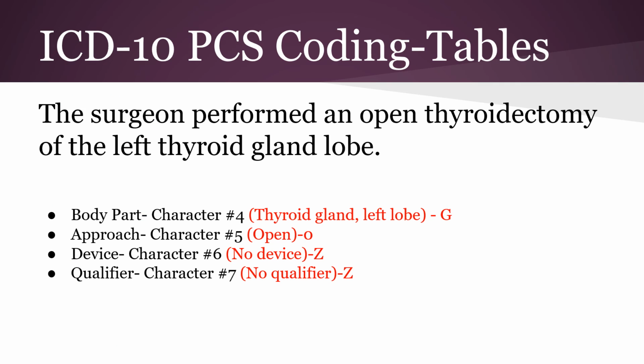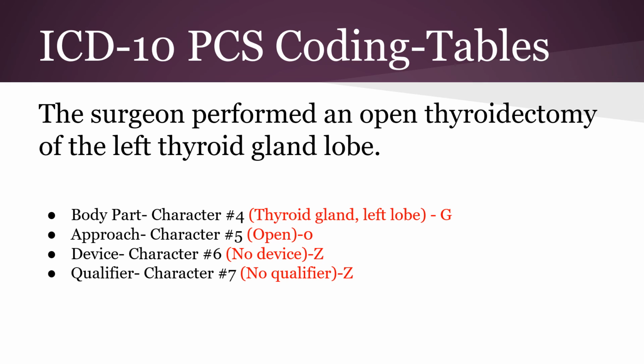So we're going back to our example, where the surgeon performed an open thyroidectomy of the left thyroid gland lobe. In our body part for character 4, we know that it is going to be thyroid gland, and then it's broken down by left or right lobe, and we know that he's doing the left lobe, so that is represented by letter G. We know the approach is open, so that's 0.